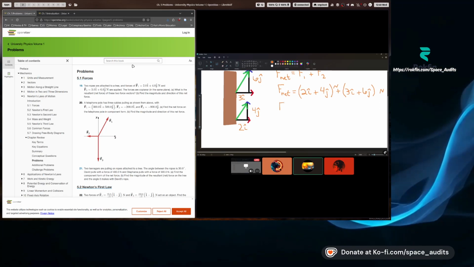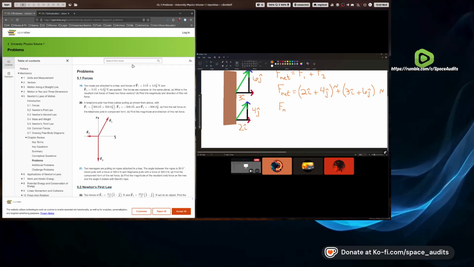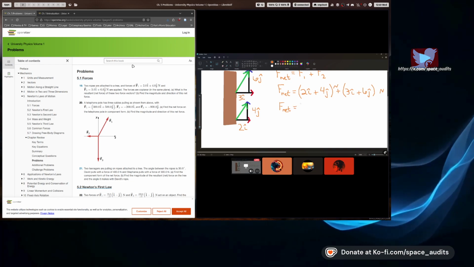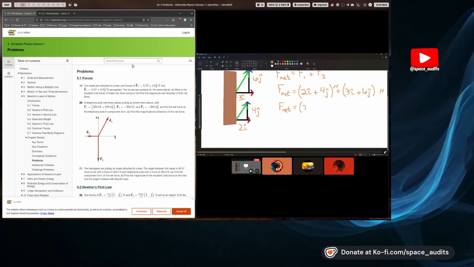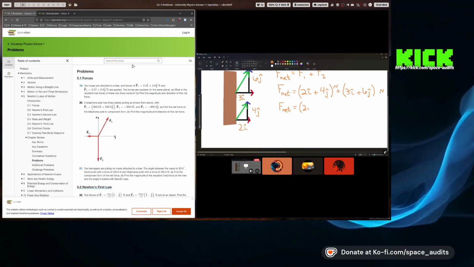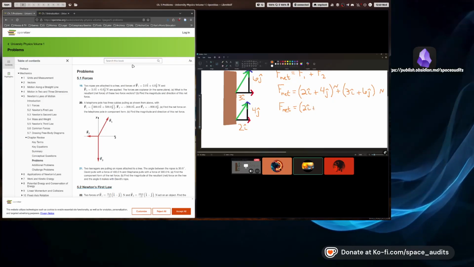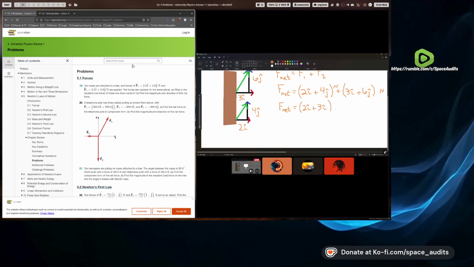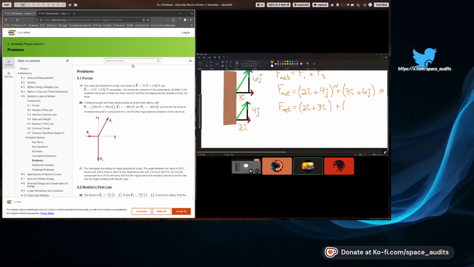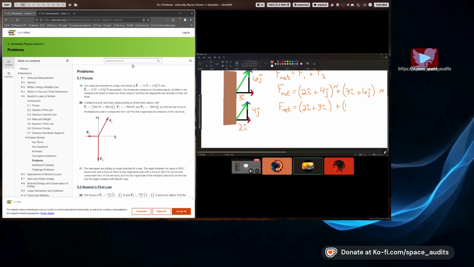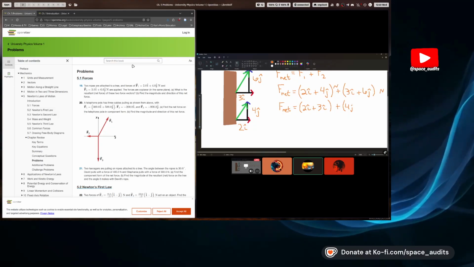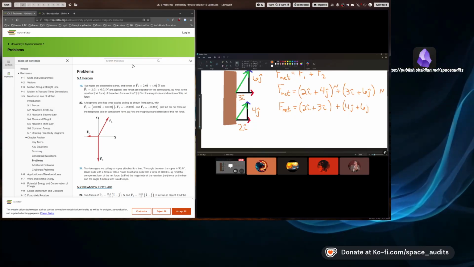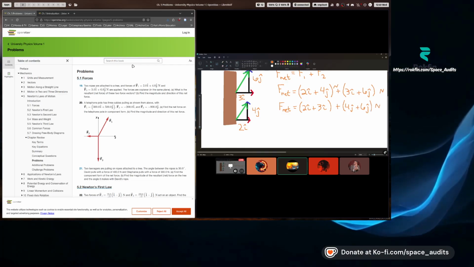So if I rearrange it, F net equals 2I plus 3I plus, and I got a 4 and a 6, so it's going to be 4J plus 6J newtons.